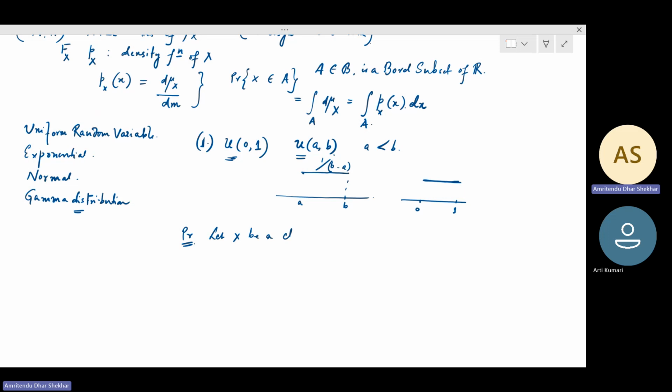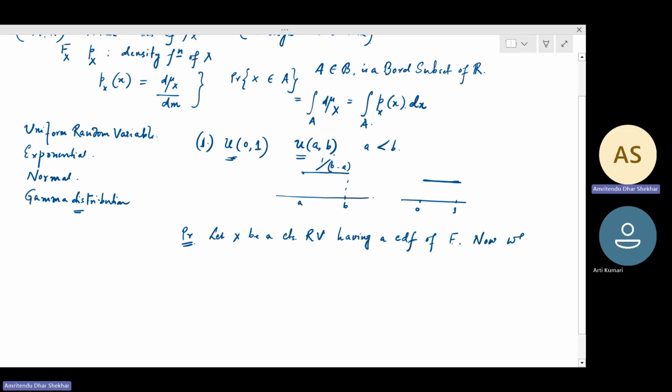Let x be a continuous random variable having a CDF of F. Okay?